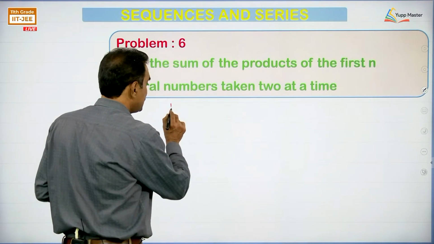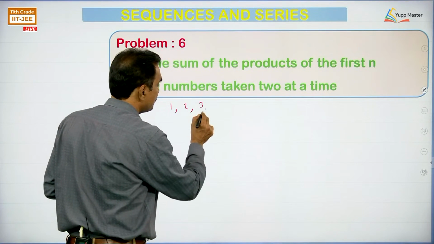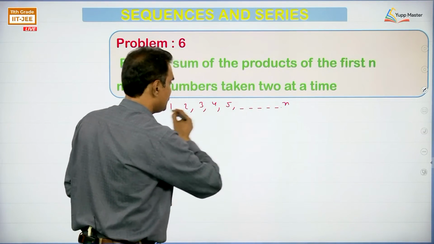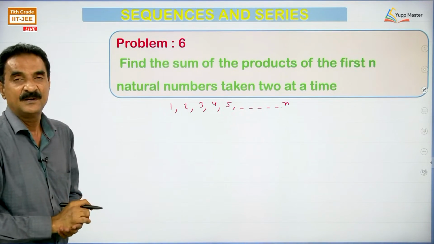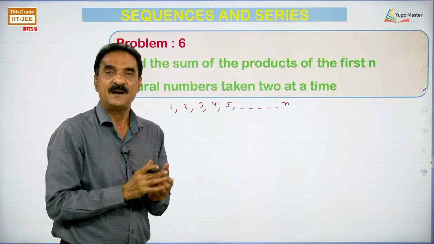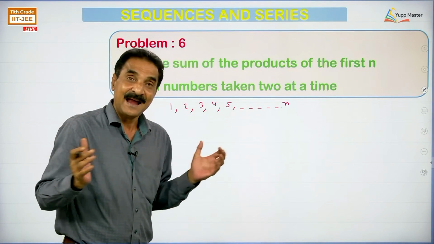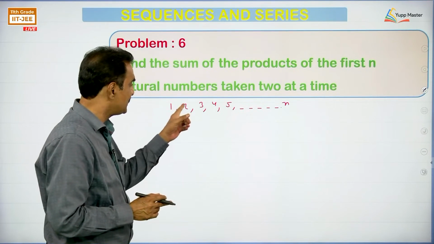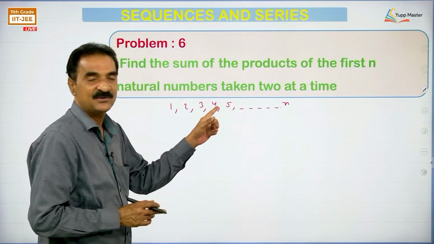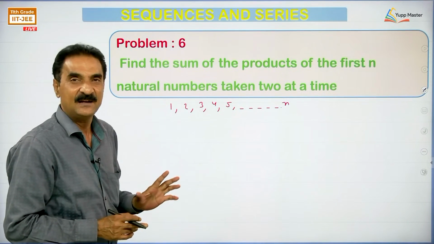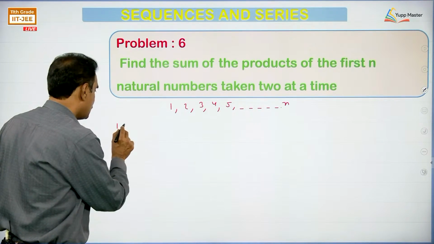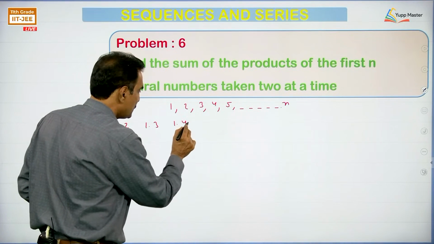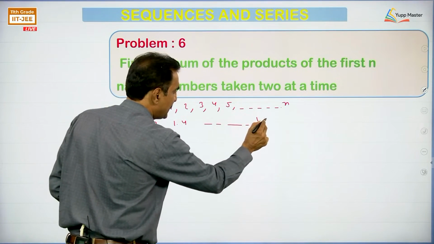We know that natural numbers are like this, first 10 natural numbers. We have to take 2 at a time and multiply and then add all such products. So, 1 should multiply with 2, 1 should multiply with 3, 1 should multiply with 4 and so on, 1 should multiply with n. So, those products are 1 into 2, 1 into 3, 1 into 4 and so on, 1 into n. We have to add.